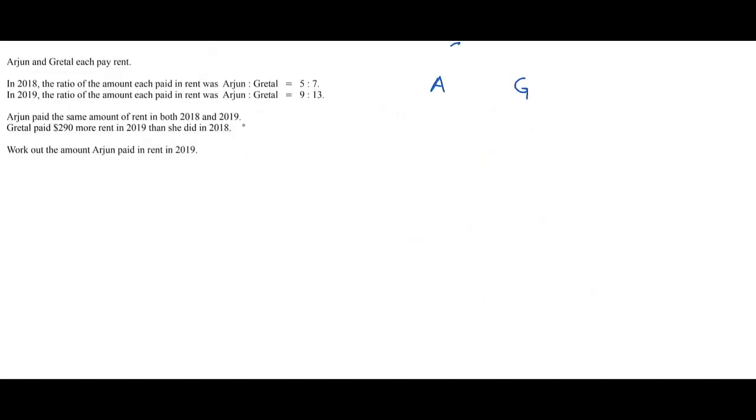Please read the question. Arjun and Gretel each pay rent. In 2018, the ratio of the amount each paid in rent is 5:7, and in 2019 it is 9:13. Arjun paid the same amount of rent in both 2018 and 2019.